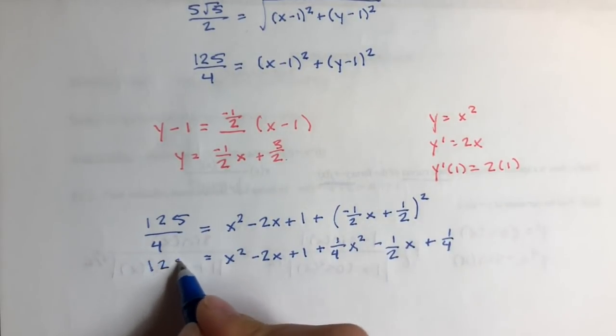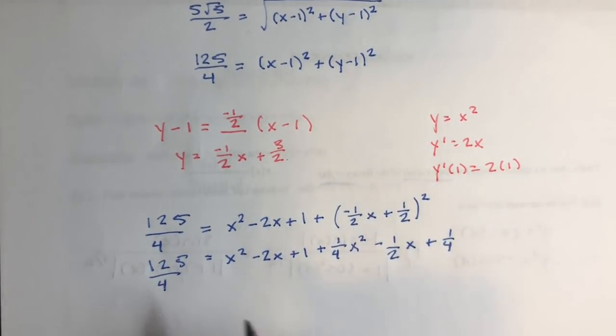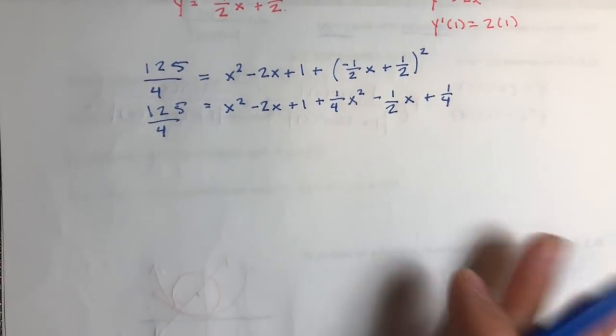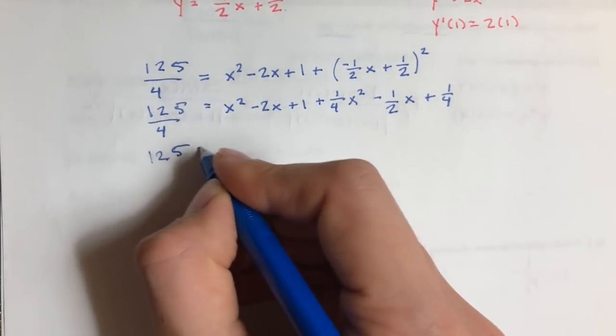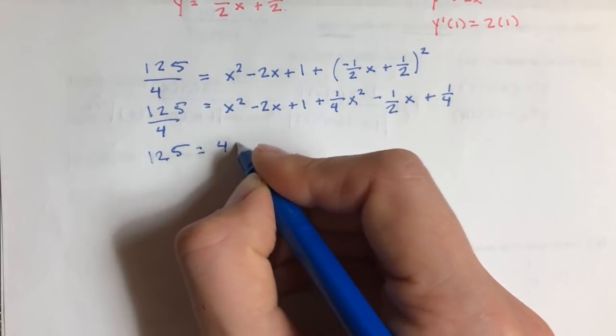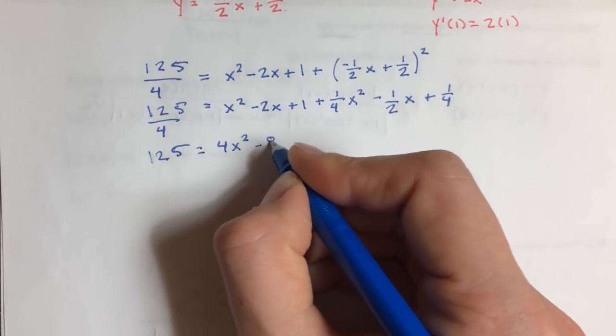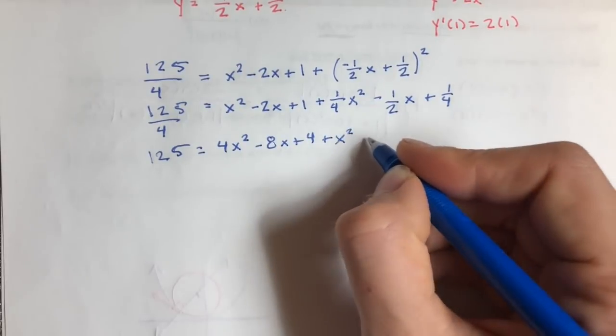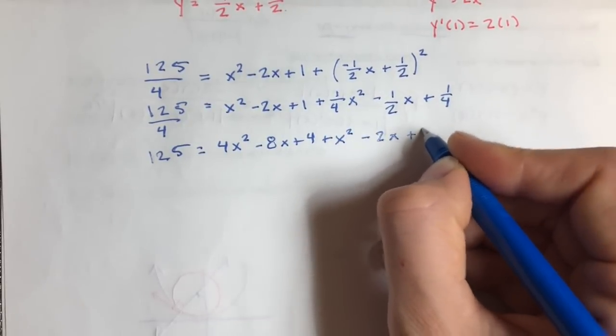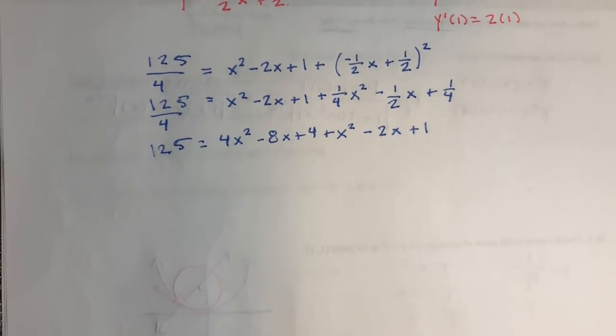That's 125 over 4. I want to get rid of these denominators, so I'm just going to multiply everything by 4. So I'm going to get 125 equals 4x squared minus 8x plus 4 plus x squared minus 2x plus 1. That'll make it a lot easier for me to combine like terms.